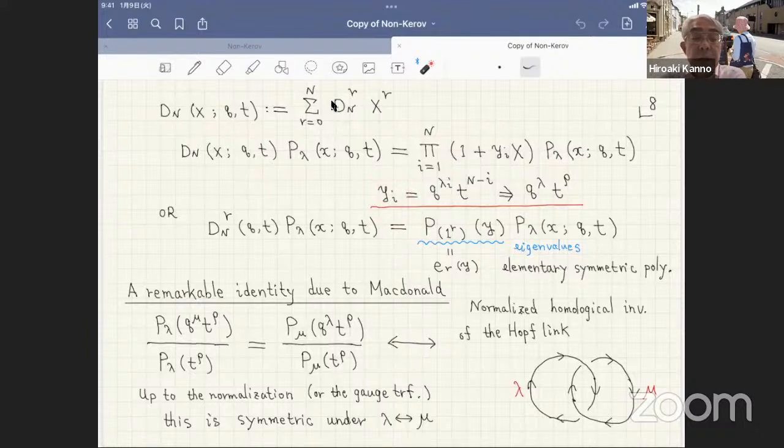And also, we have some remarkable identity due to Macdonald. So this is typically some kind of quantization or discretization of variable. Again, let us substitute this discretization to the original variable x. This is also the identity which appeared in Yanagida-san's talk. We see after substituting this discretization to not y, but x, we have a symmetry of exchanging two partitions lambda and mu.